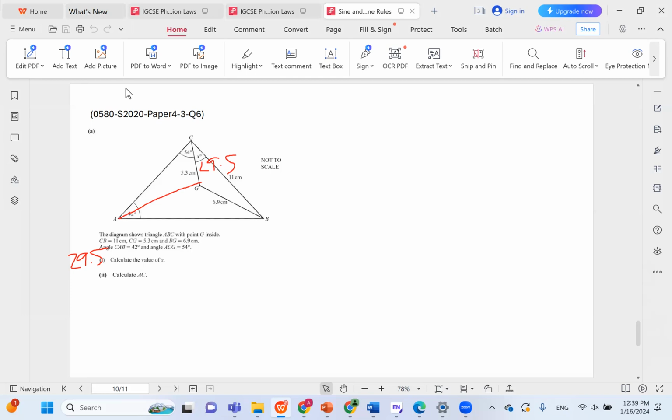Another approach would be to draw the big triangle as a whole and try to figure out what we have so far. I think this would actually be the better answer. So anyway, let's try it out. If we draw the big triangle without the small triangle, so we don't really care about point G right now, we just have point C, point A, and point B. You're going to find that angle A here is 42, same as the previous drawing.